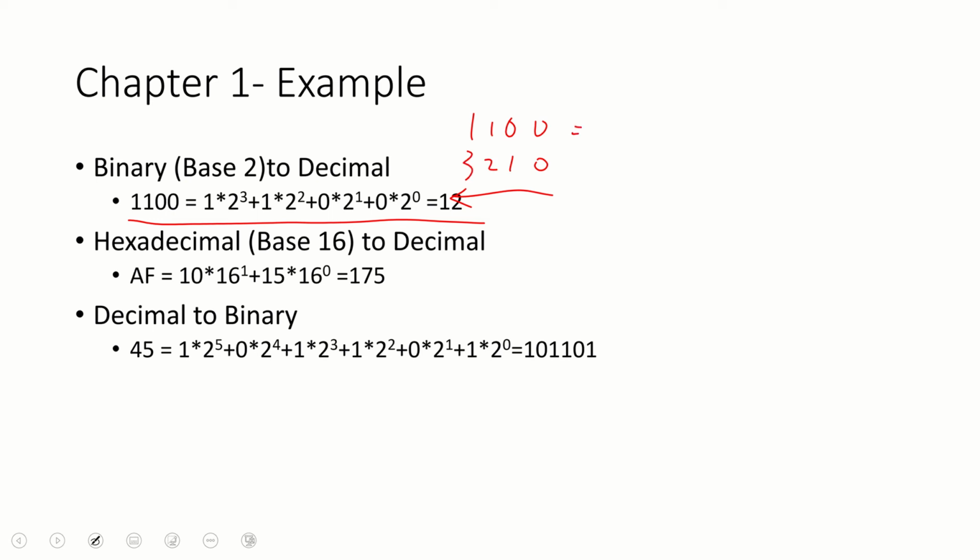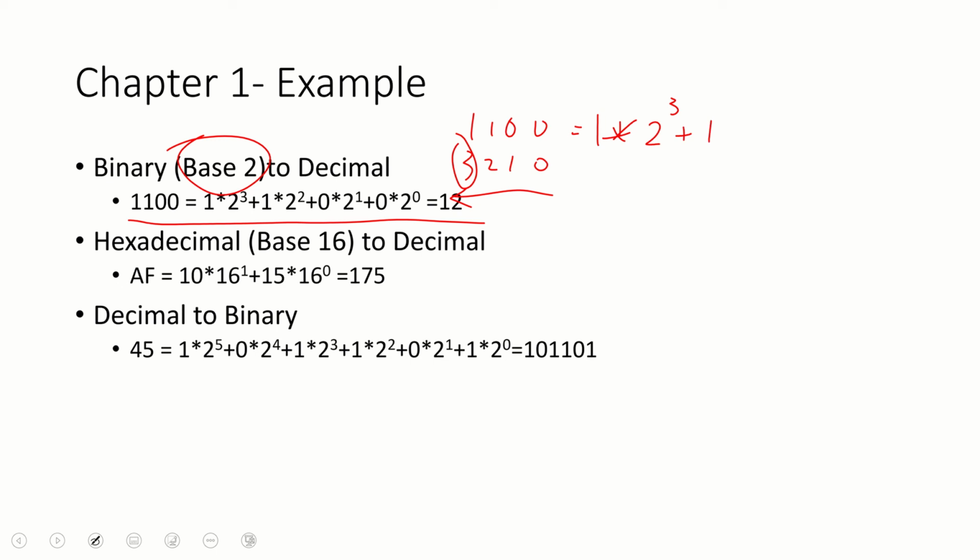Then we multiply those digits by their base number. The base number for binary is 2.